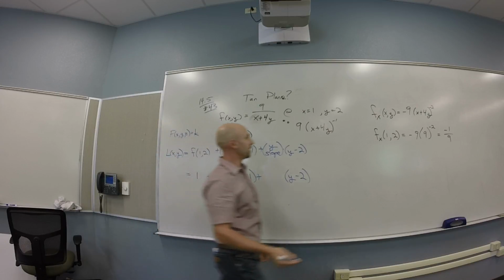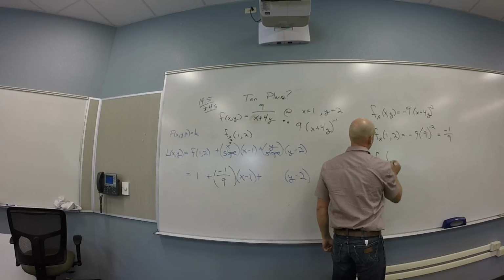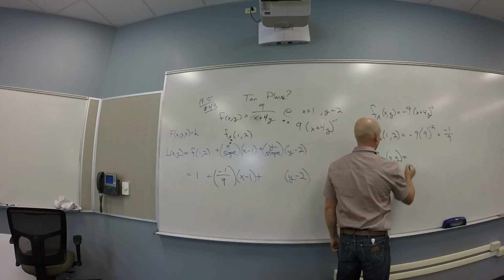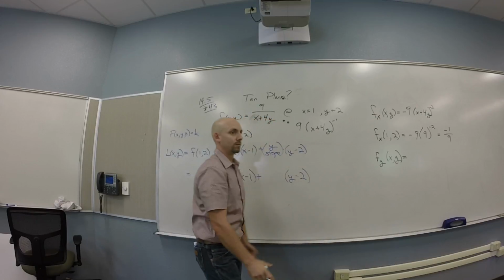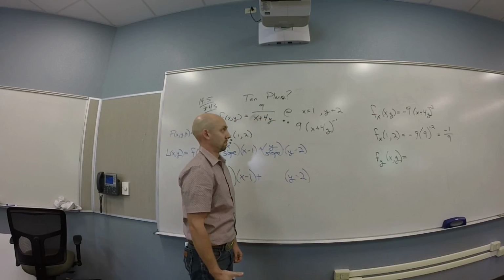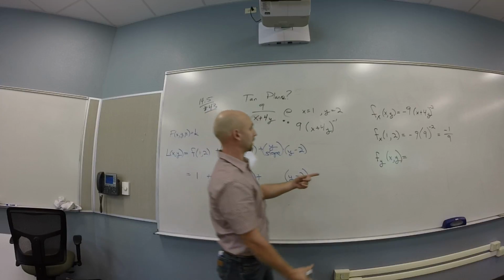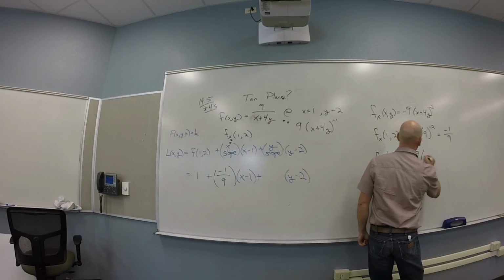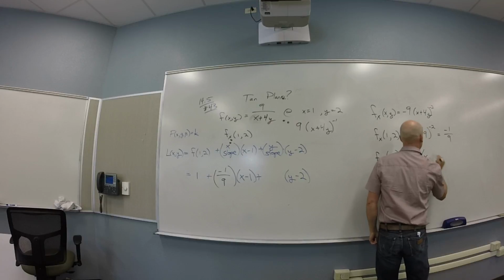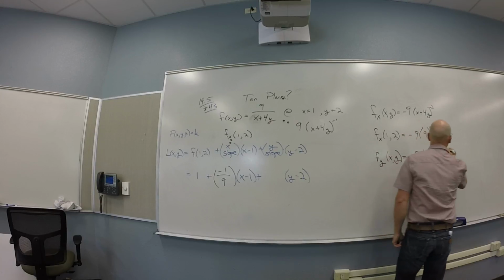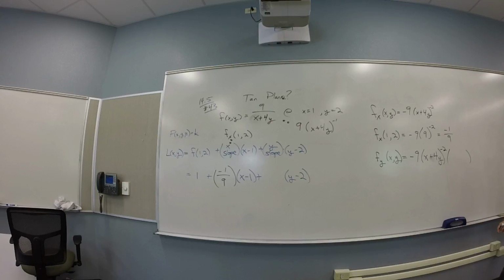Okay, and then you need fy of x and y. So I get negative 9 times x plus 4y to the negative 2, and then the derivative of the inside is different this time, because I'm differentiating with respect to the other variable. So I get a 4.